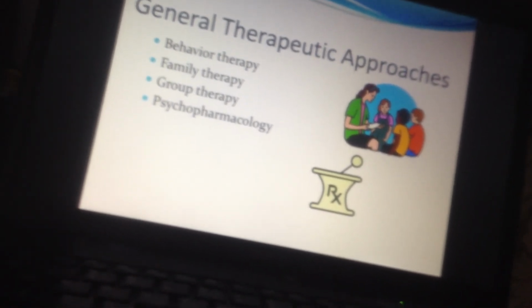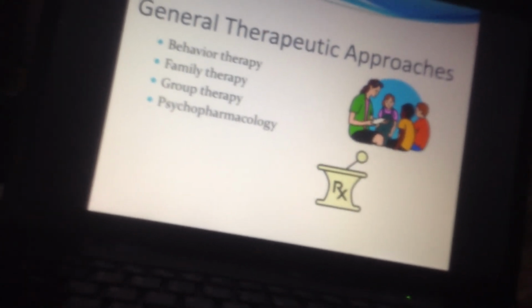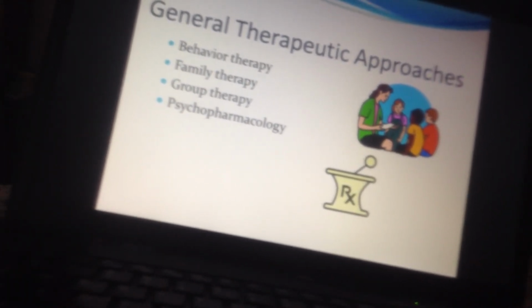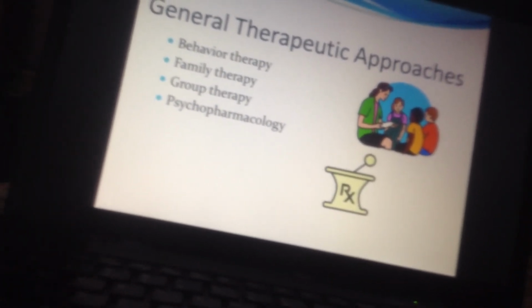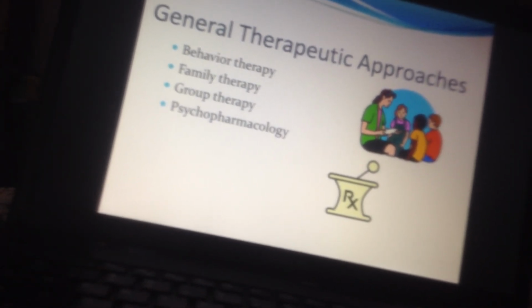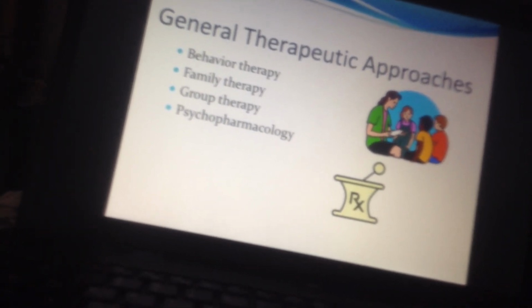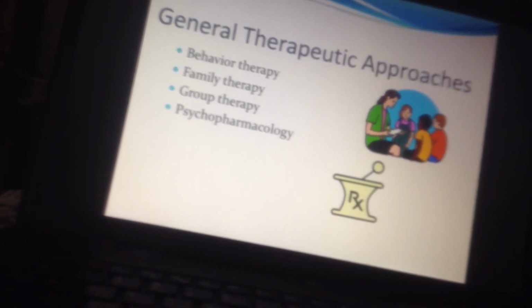You can also look into family therapy, group therapy, and psychopharmacology. As far as psychopharmacology, those would be your anti-anxiety medications. So, for example, benzodiazepines or any other anti-anxiety medications would help clients that have separation anxiety disorders.